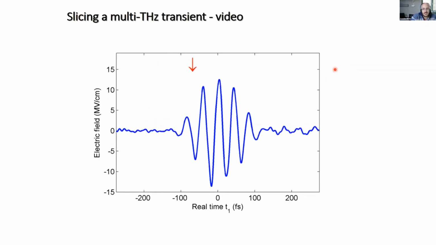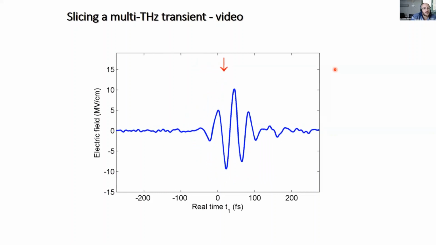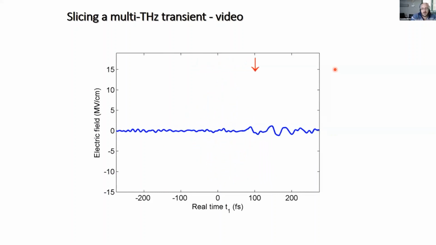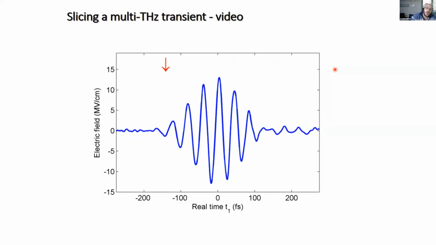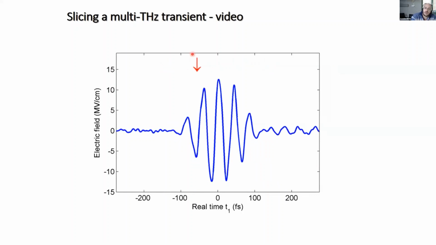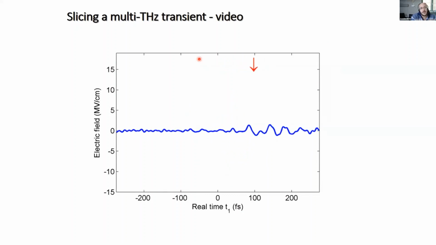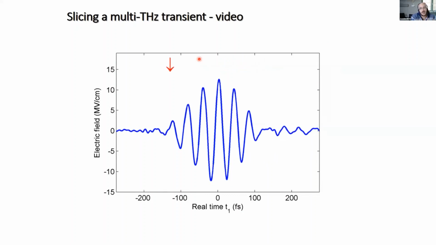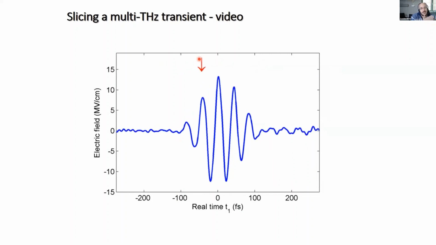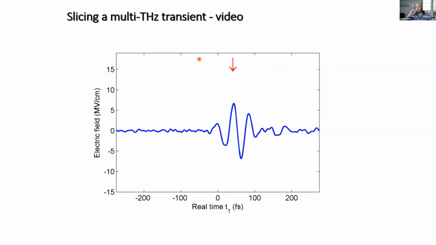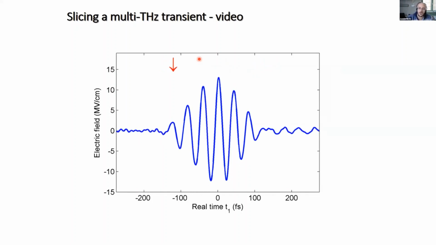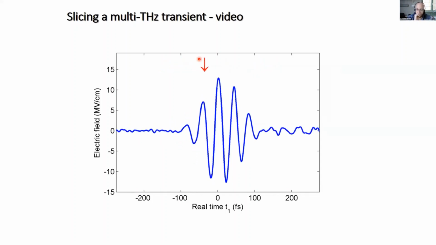This is the pulse as it's fully transmitted by our germanium wafer, and this arrow on top is the temporal arrival of our gating pulse that is switching the pulse on and off selectively. And then you could think about two of these arrangements and cut from both sides, for example. So you can do surgery on a sub-cycle level.